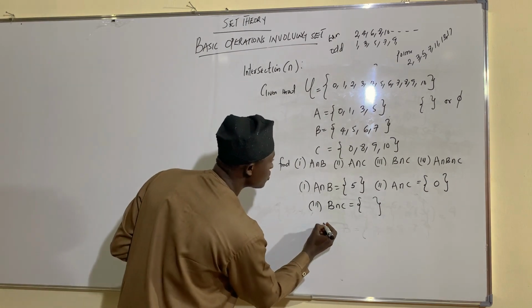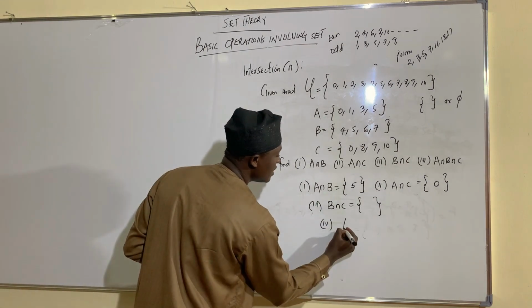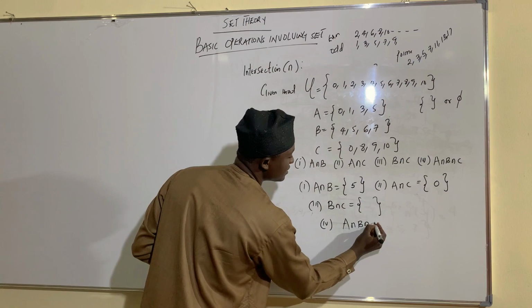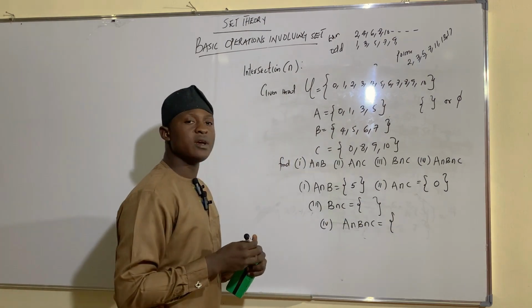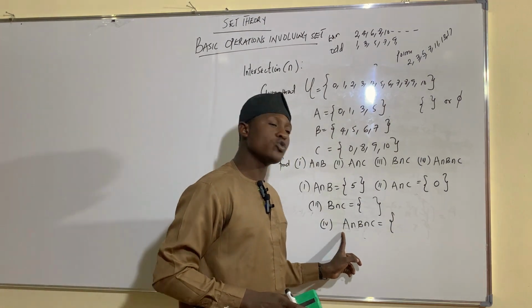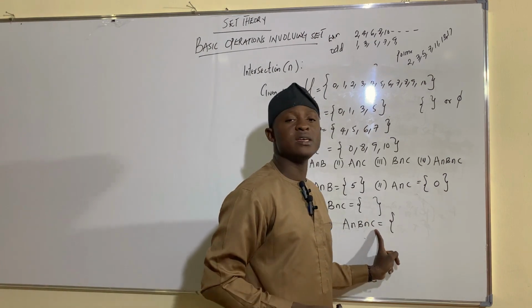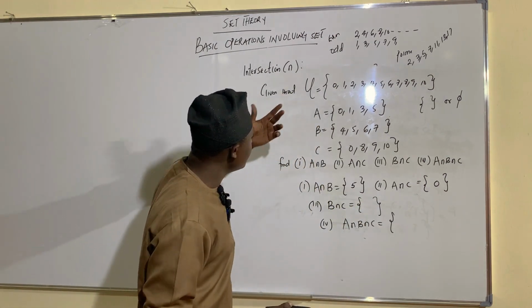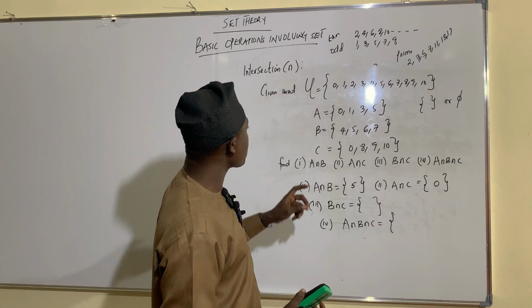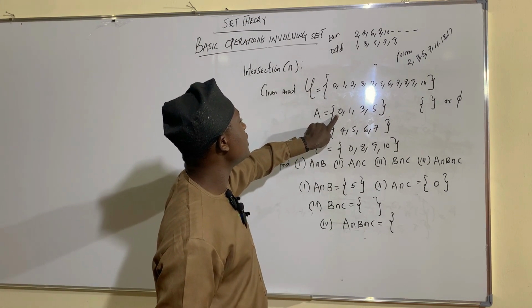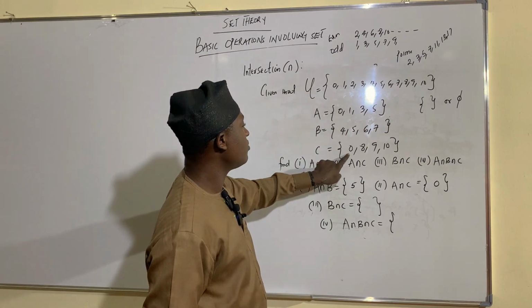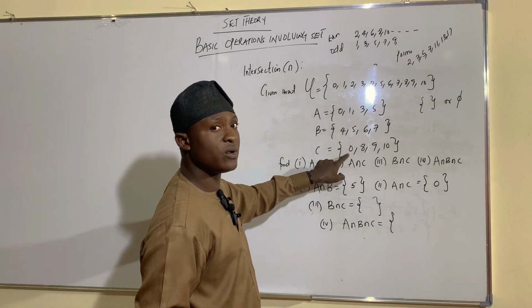Now, the last question, we have to talk about A intersection B intersection C, meaning the elements that we have in A that also appear in B and also appear in C. So let's check the three sets, if we can have something possible like that. When we check A, we have 0 here. There is no 0 here, but there is 0 here. So that means they don't have that one in common.